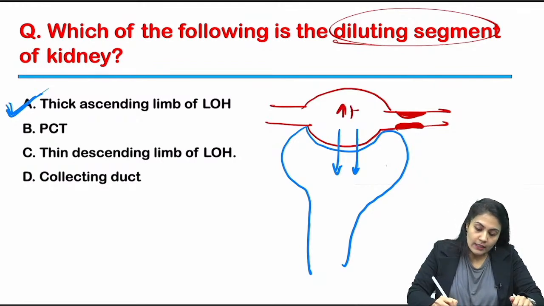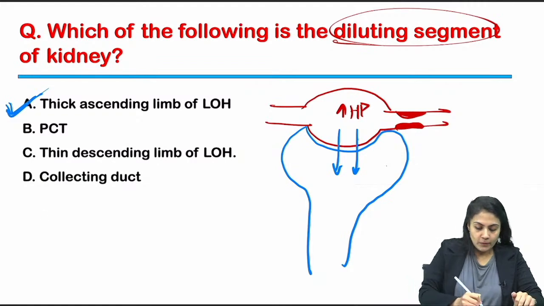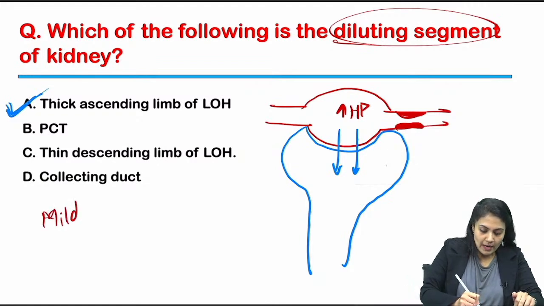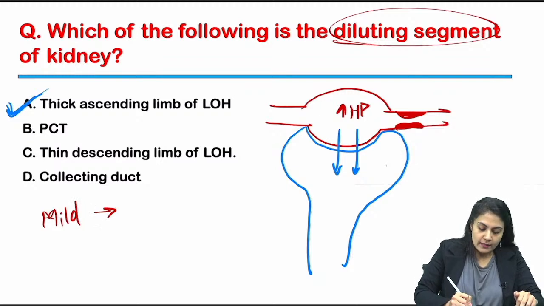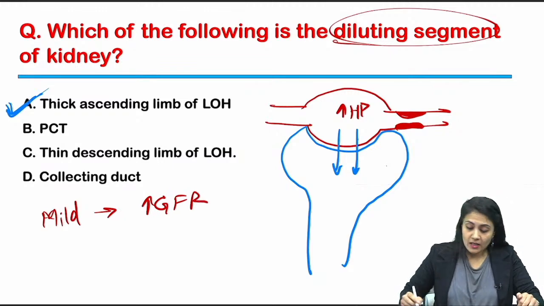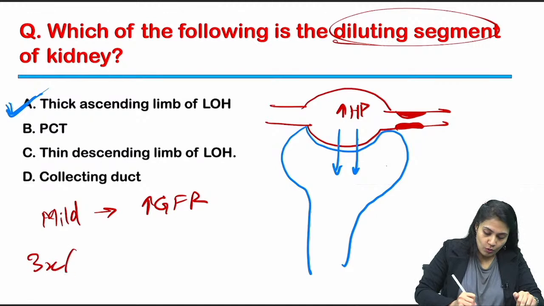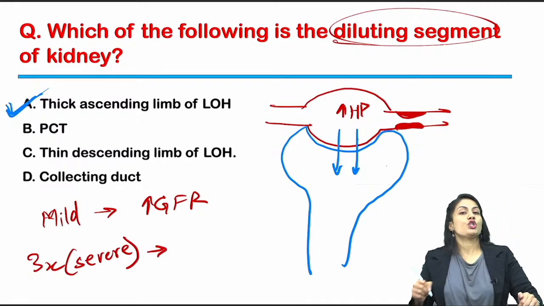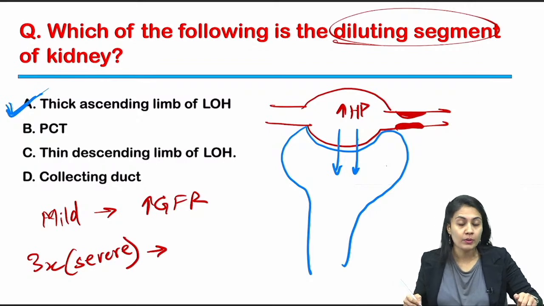Okay, so there is an increase in the hydrostatic pressure. In mild constriction of the efferent arteriole, there is an increase in the GFR since the hydrostatic pressure is increased. But understand, if it is 3 times more or severe constriction is written, this question came in medicine also, so please remember that.